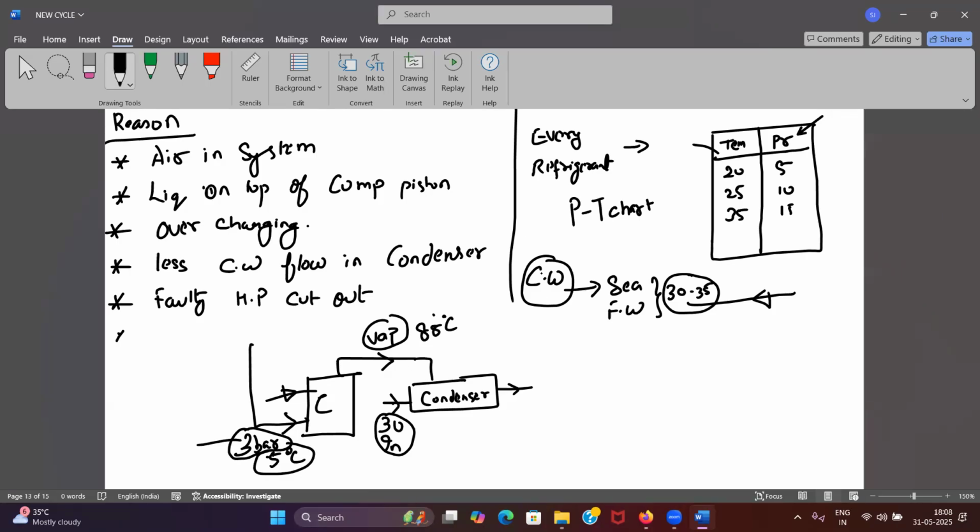So you can see here, as I am increasing the pressure, the saturated temperature is also increasing. I told you, saturated temperature is, in a way, the boiling point, isn't it?